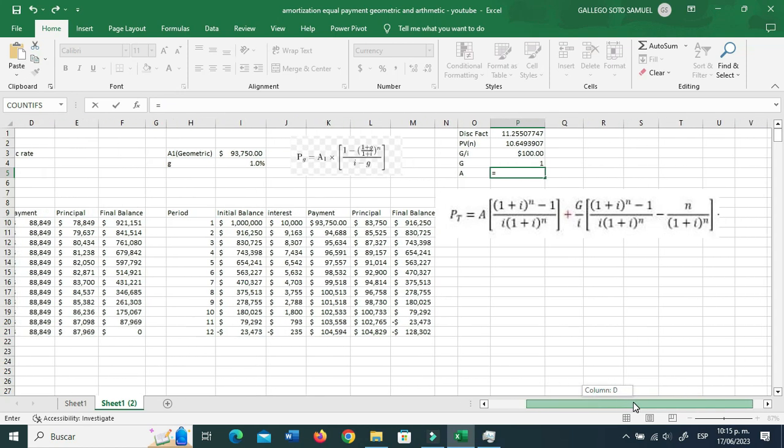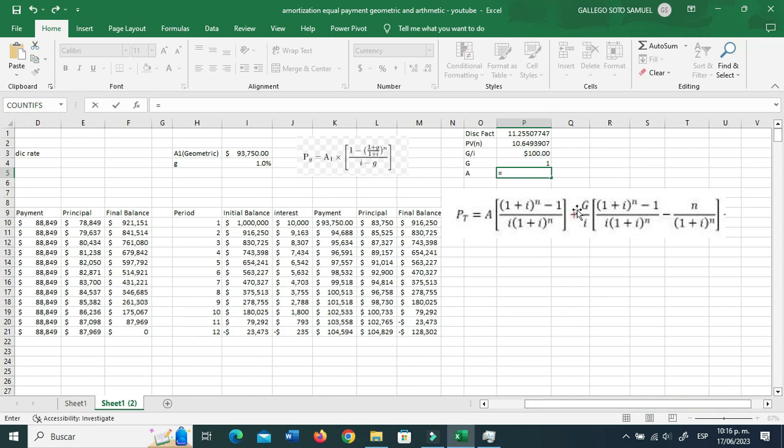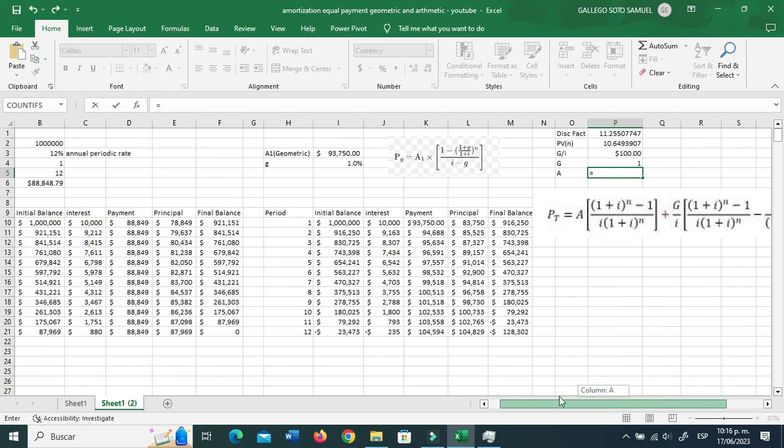So A, let's see how we're gonna be solving this out. Present value minus all this stuff, and then divided by the discount factor. So the present value, let's open up a parenthesis here, this minus G over i, times the discount factor minus the present value of n, and we close both of them, divided by the discount factor here.